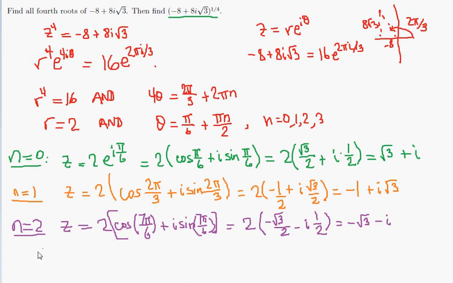And finally, for n equals 3, if we put 3 here, we have 3 pi over 2 plus pi over 6. That works out to be 5 pi over 3.